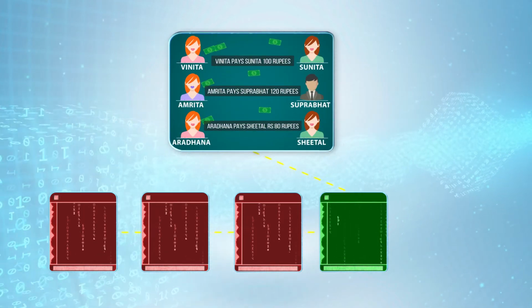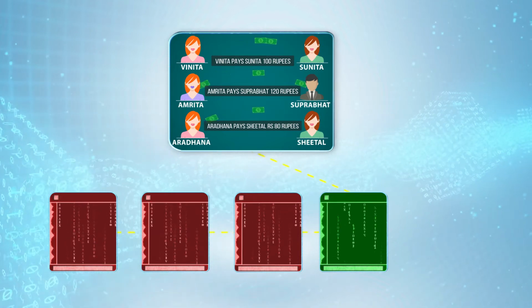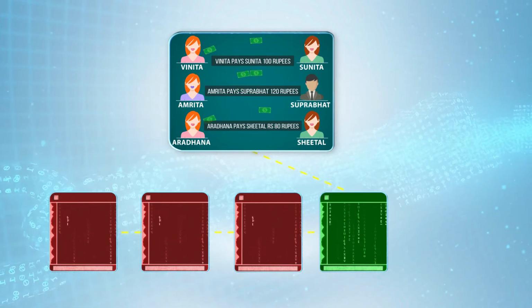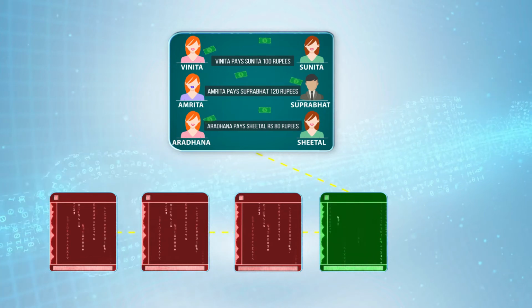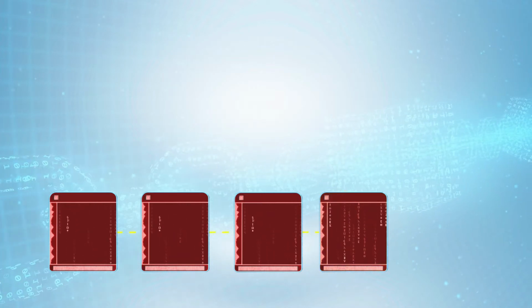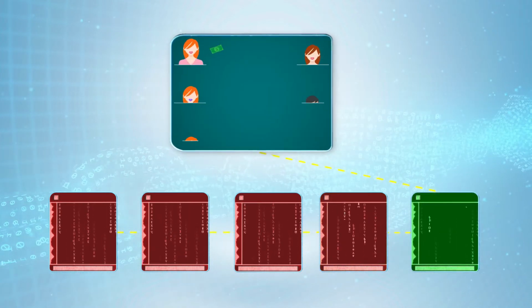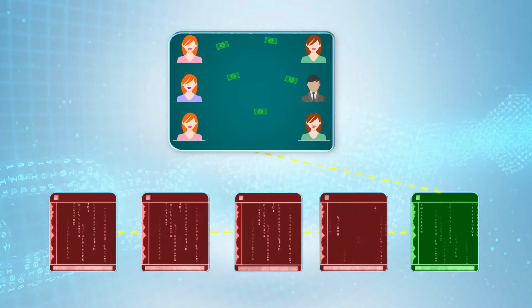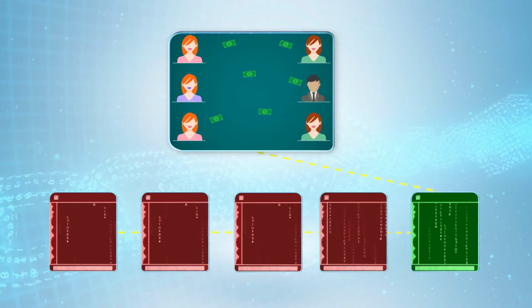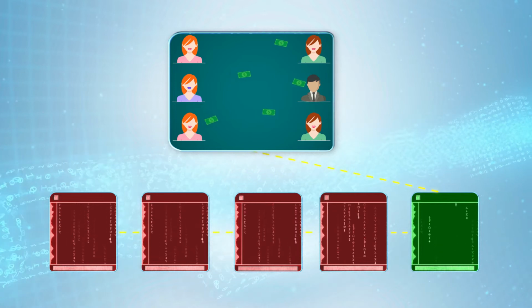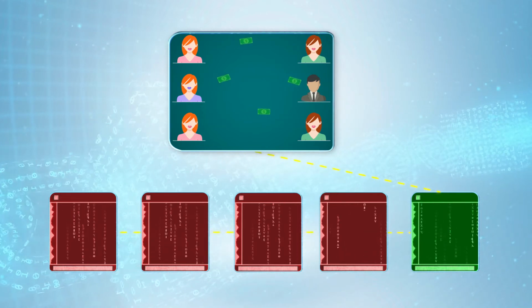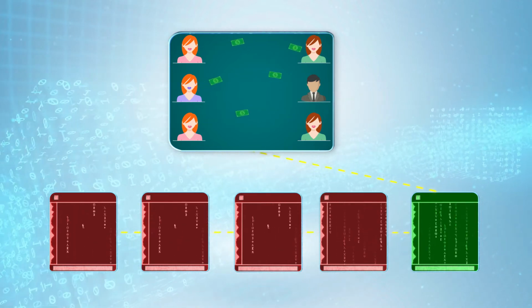Amrita pays Suprabhat 120 rupees. Aradhna pays Sheetal 80 rupees. All these transaction records are bundled together and stored in a block. This payment information is called a ledger transaction that you store in an accounting ledger entry or spreadsheet. So basically, the transactions are getting recorded in a ledger.